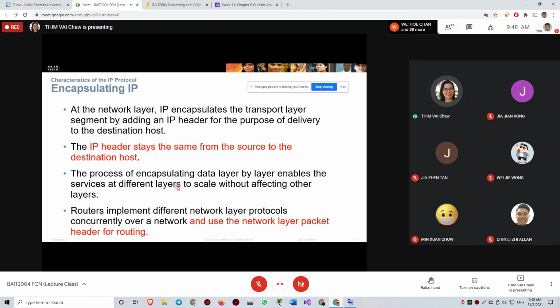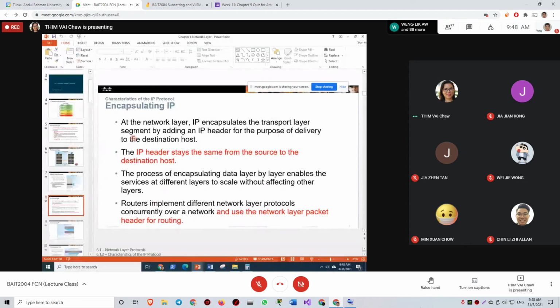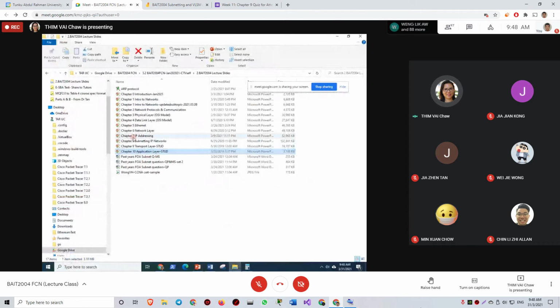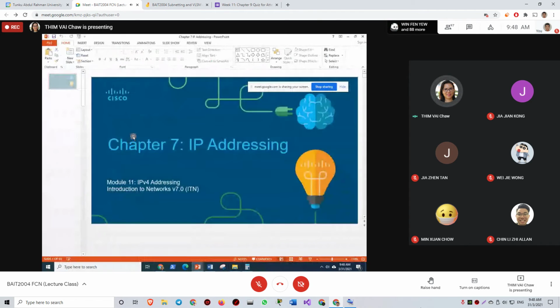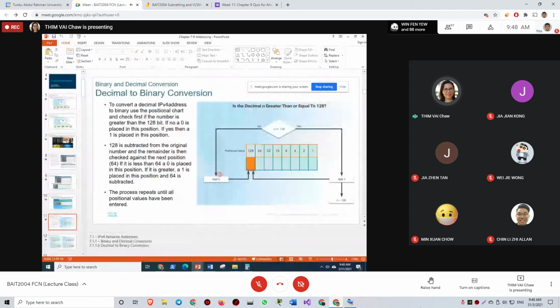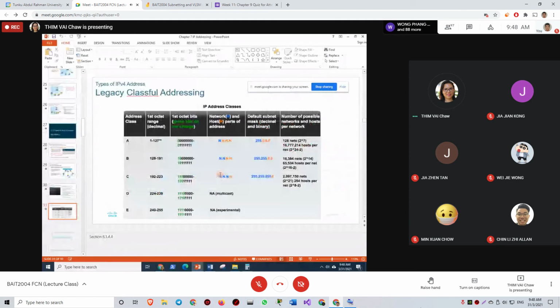We have translation migration, we have dual stack migration, and then we have another one. So we have translation, this part, talking about the migration over here.